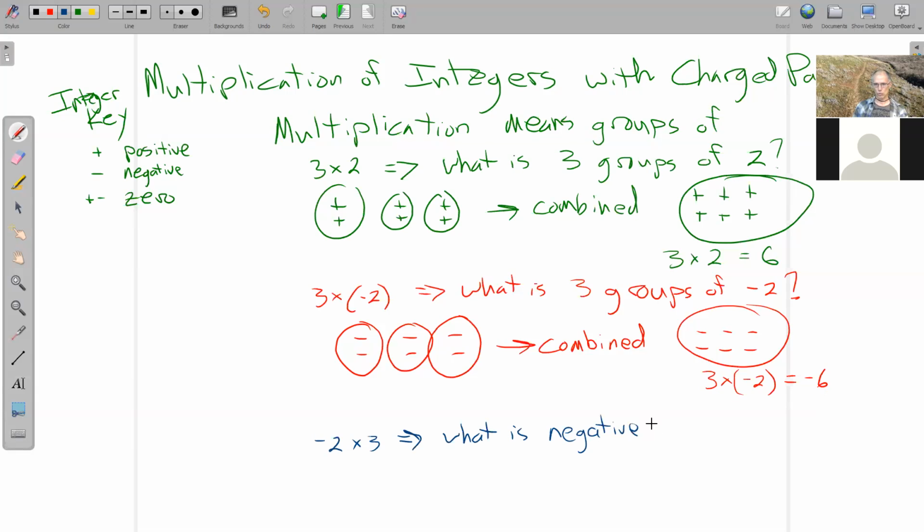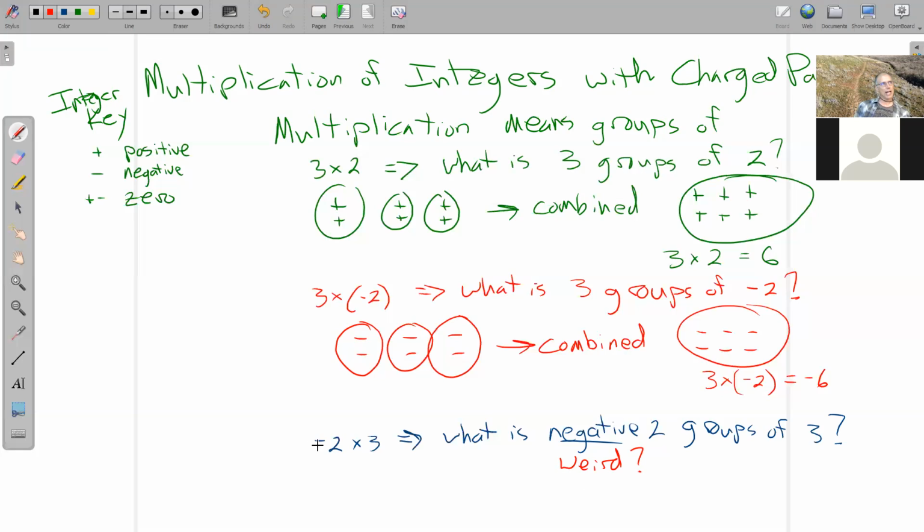Negative 2 groups of 3. Well, I know what a group of 3 looks like, and I know what 2 groups of 3 looks like, but this negative there is throwing me. Okay, so, weird. What do I do with that?